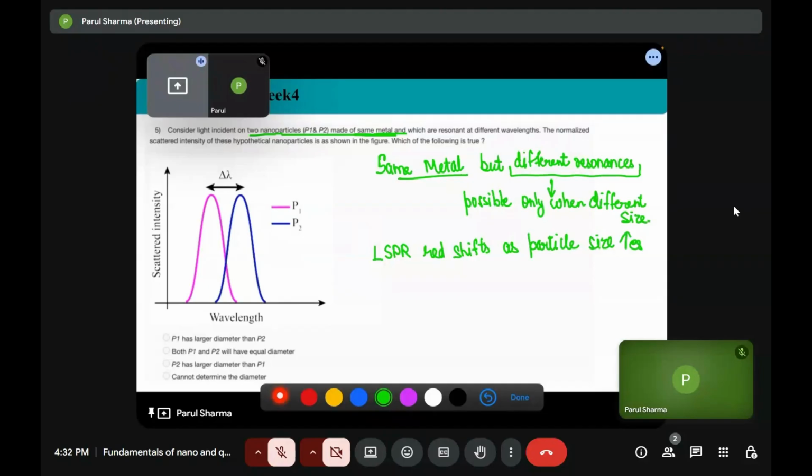So the blue peak has the larger size. So the answer: P2 has higher size.